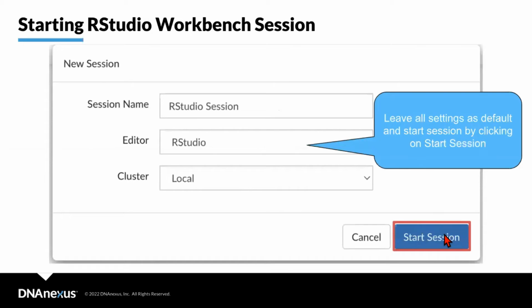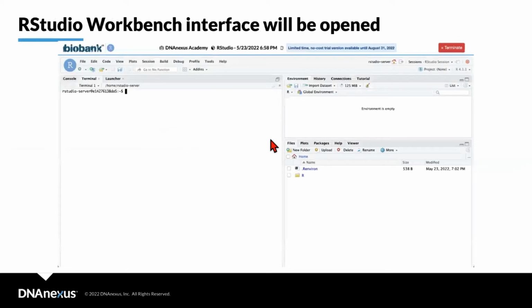You click on Start Session, and here you can see, because a lot of you said that R is your primary language, this is something which should be really familiar to you, except for this bar where you have a terminal, or you can have a console, you have the environment, and here you have files in RStudio.